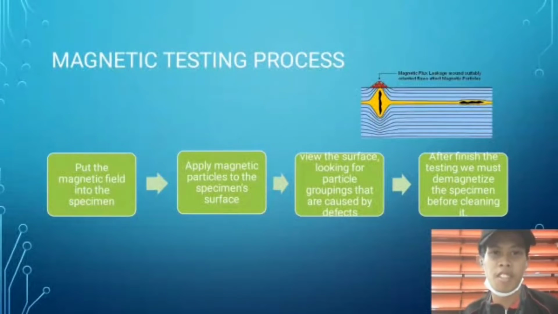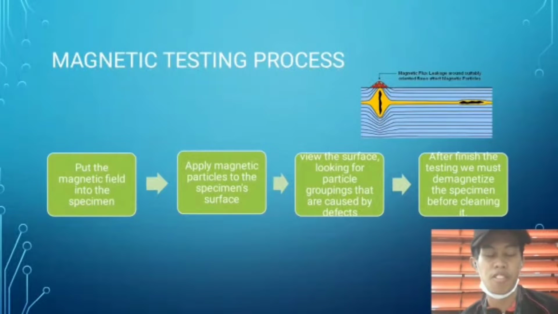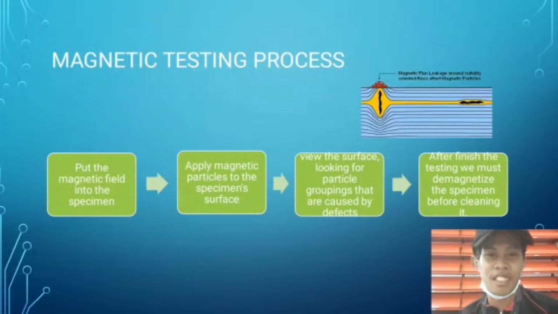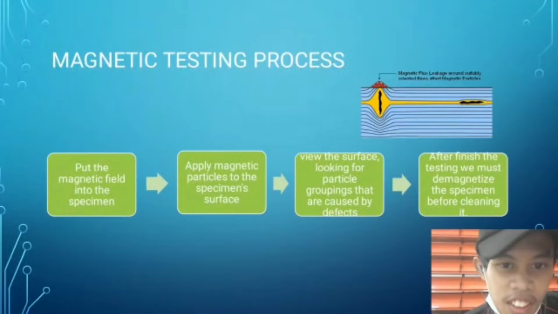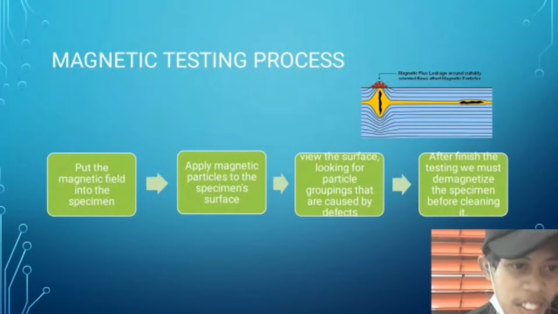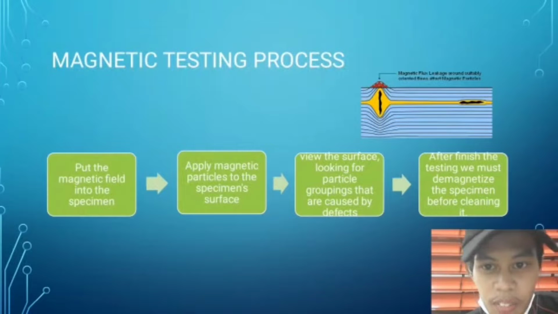Okay, now I would like to talk about the magnetic testing process. Before that, I would like to brief some information about magnetic testing. As we know, magnetic testing is one of the non-destructive inspection methods that provides detection of linear flaws located on the surface of material.